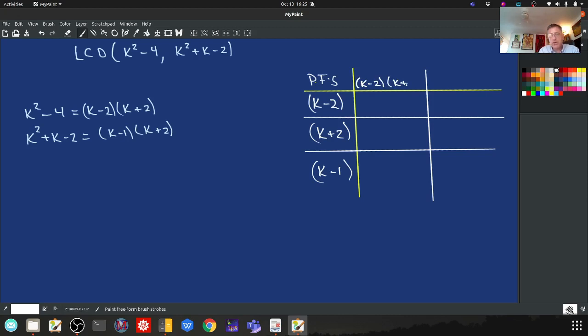Now if you are already good at finding the least common denominators of rational expressions, and you have to find the least common denominator, not just a common denominator, and you feel comfortable with that, you can do it that way. That's fine. I don't know a better way. I literally developed this method.